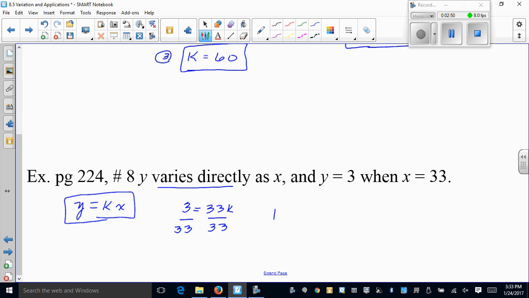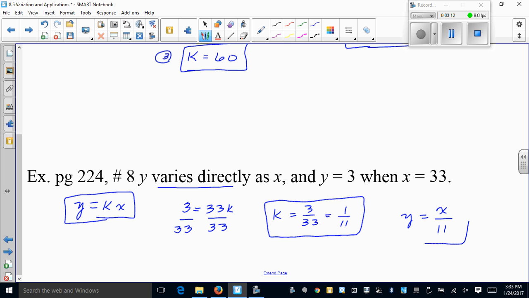I'm going to get k equals 3 over 33, but that nicely reduces down to 1 over 11. So k equals 1 over 11. And then our last step is to substitute. So y equals x over 11. And there you go.